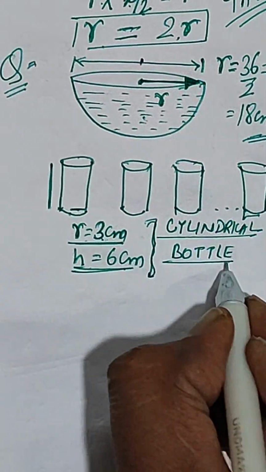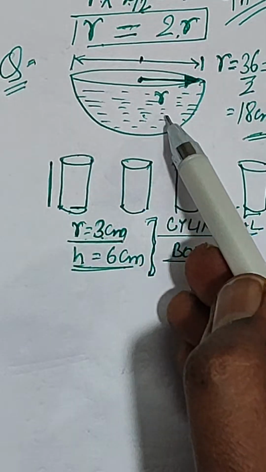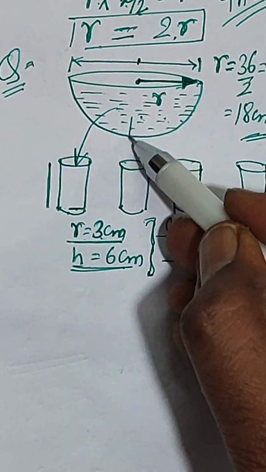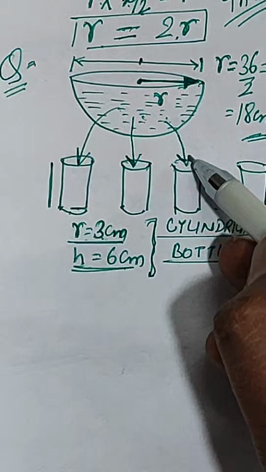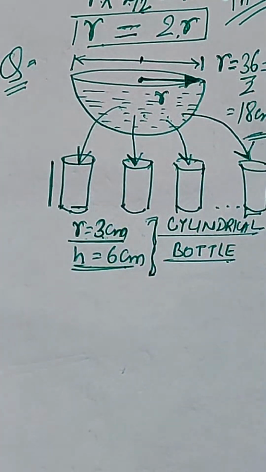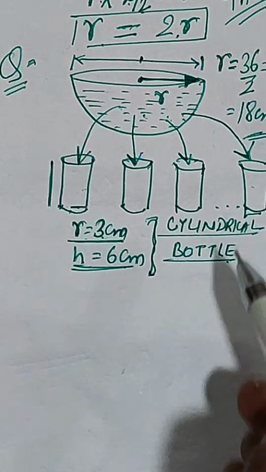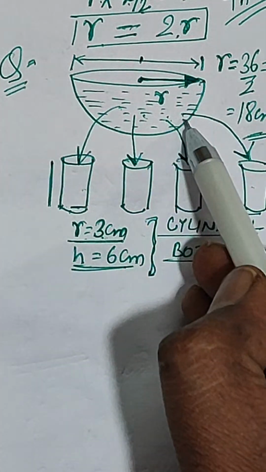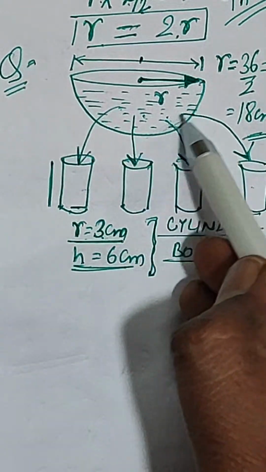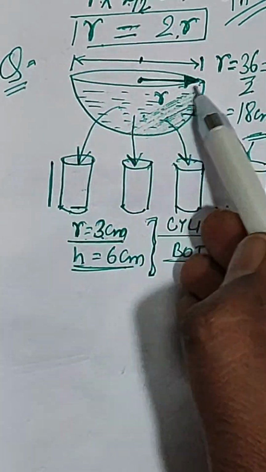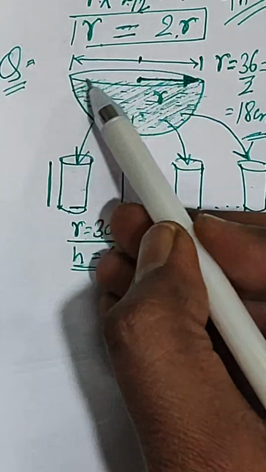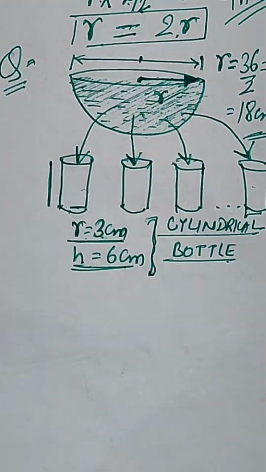Now students, it has been asked that the liquid kept inside this bowl needs to be poured into these bottles, and these bottles need to be filled, right? But how many such bottles will be used? We cannot say directly, but if you remember the concept of volume, the space occupied inside any solid three-dimensional object is the volume, right?